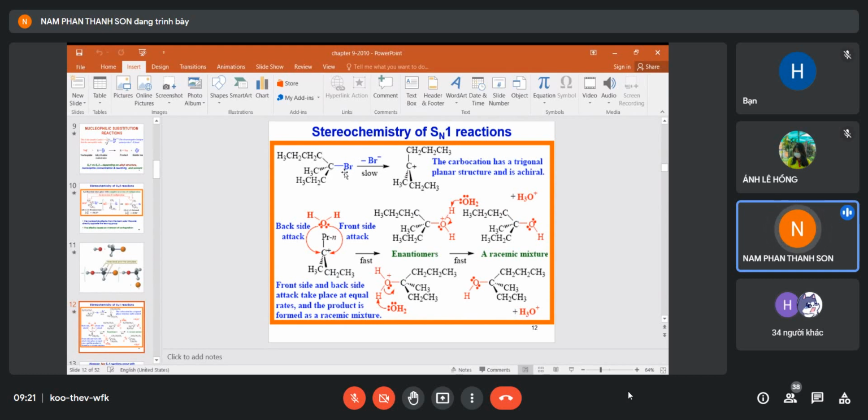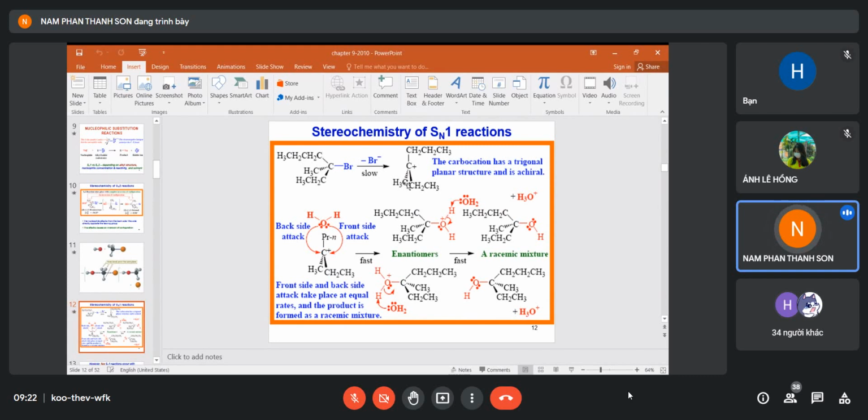First, the C-Br bond breaks and we have a cation. The bromine atom says goodbye to this molecule. This step is the rate determining step, the slow step. In this step, we have only one molecule, this alkyl bromide, so people give it the name unimolecular. So we have a cation and of course the bromide anion.